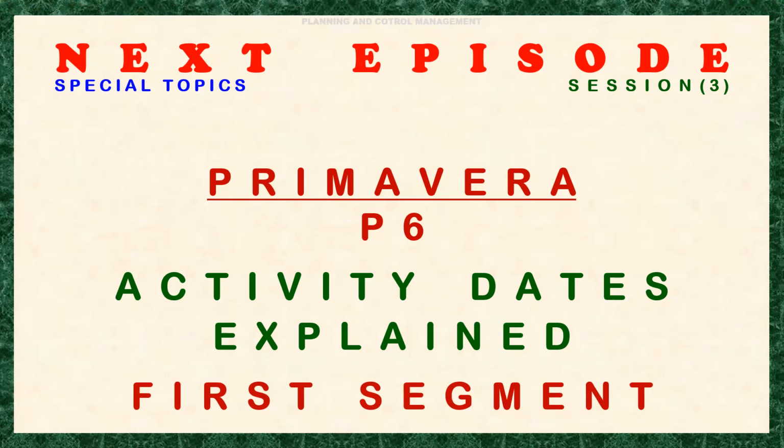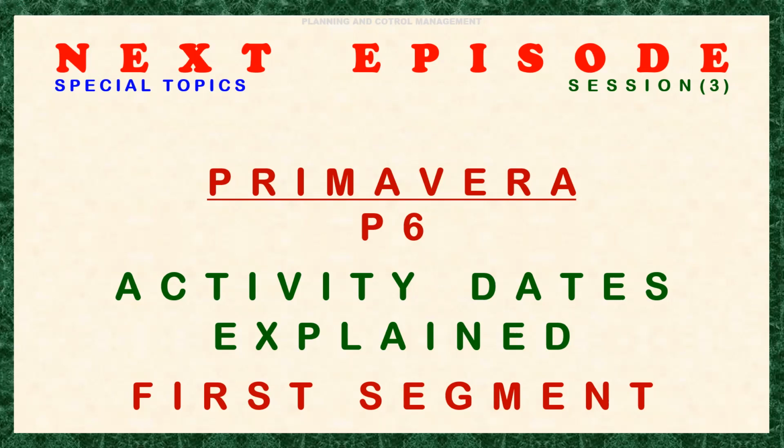Since there are lots of activity dates in Primavera P6, we need to understand each of them, because we can get confused. When I was a beginner on Primavera P6, I was really confused over so many different types of dates.